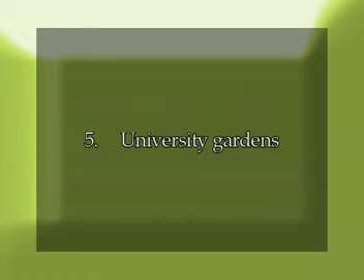These gardens have recently been developed in response to local needs for plant conservation. They have natural vegetation in addition to their cultivated collections. Number 5, university gardens. These are maintained by the university authorities and have a role in teaching and research.